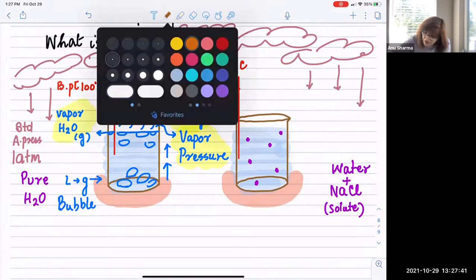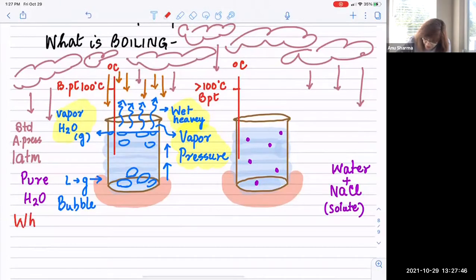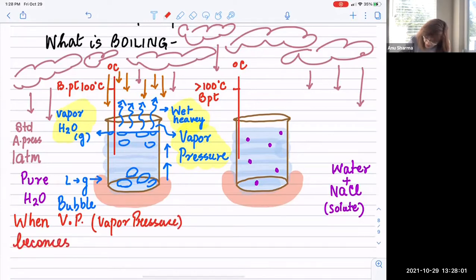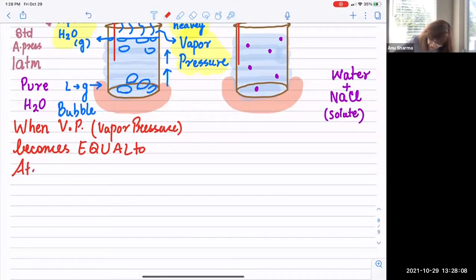But at a time when the vapor pressure of water, the force, becomes equal to the atmospheric pressure, then what happens?